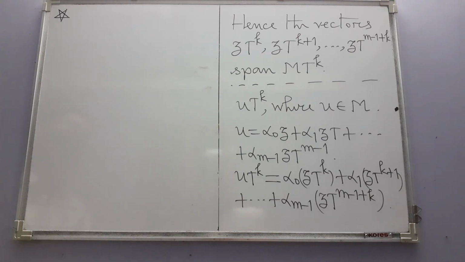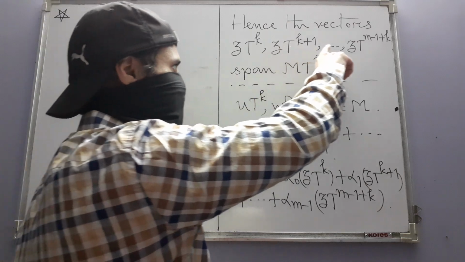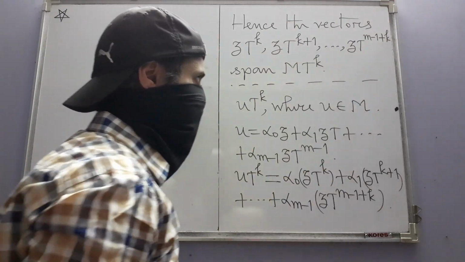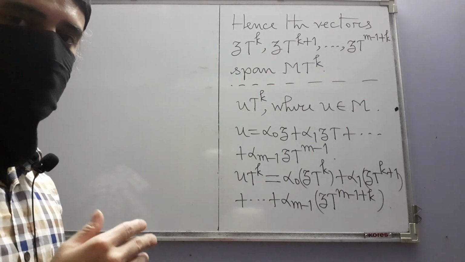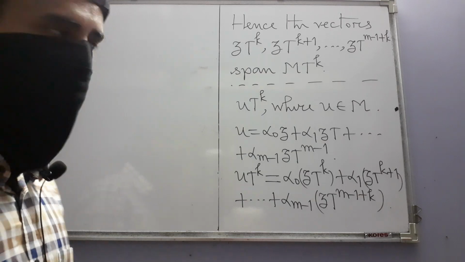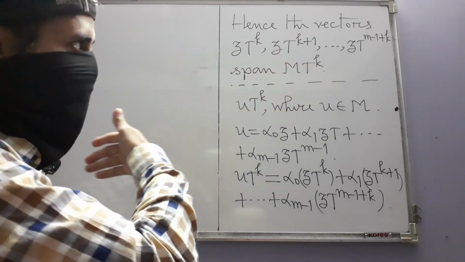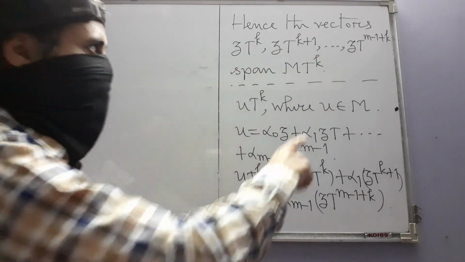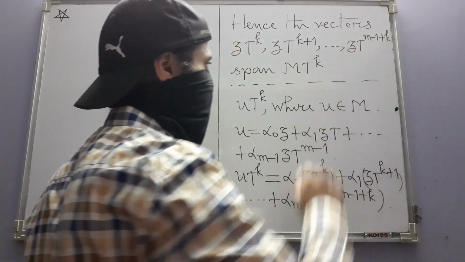That is, although here you are seeing powers of t potentially exceeding m minus 1, because you are adding things, in fact, here you see m minus 1 plus k.